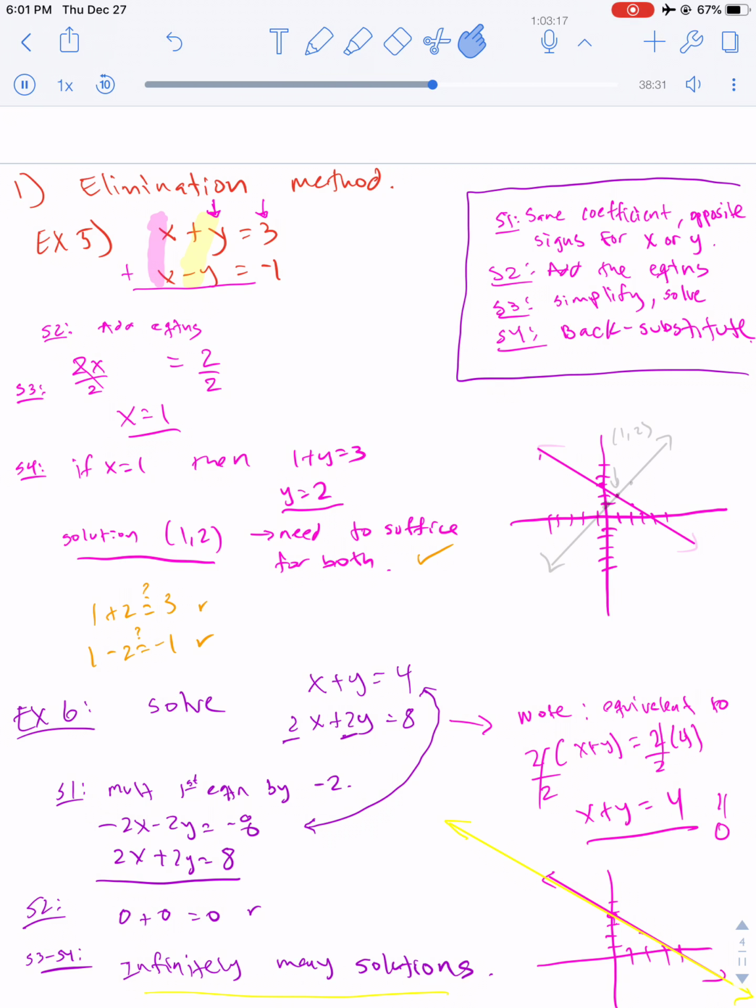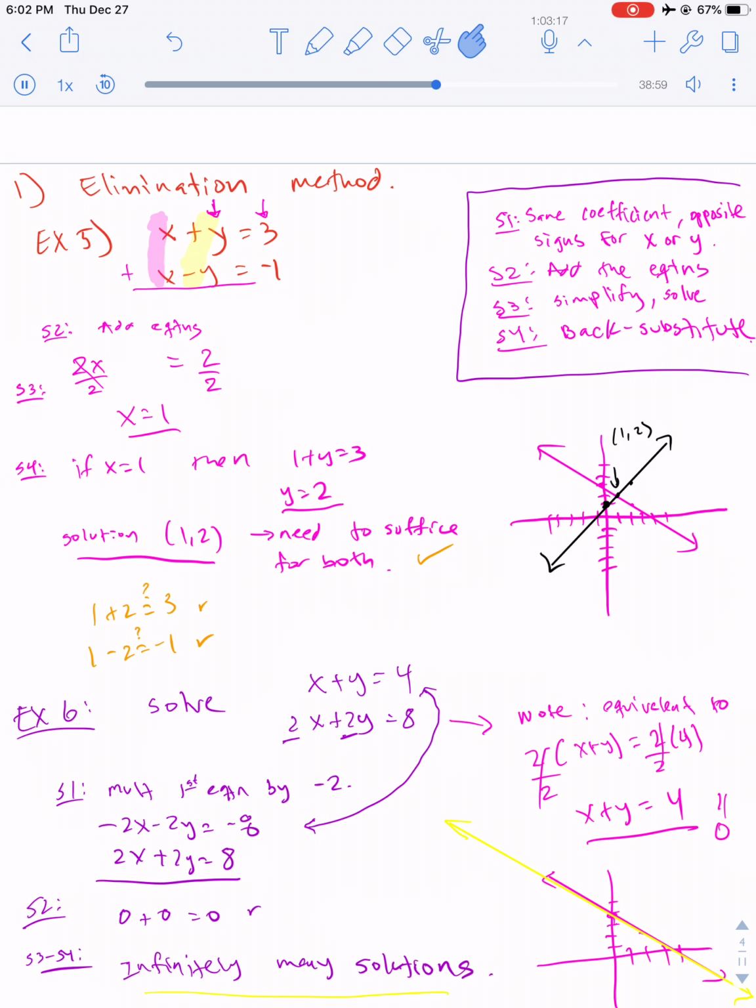Something like that. My other equation, subtracting x, will be y equals x plus 1, y-intercept of 1, up 1 over 1, up 1 over 1. Which, if you notice, the intersection point is my solution, 1, 2.